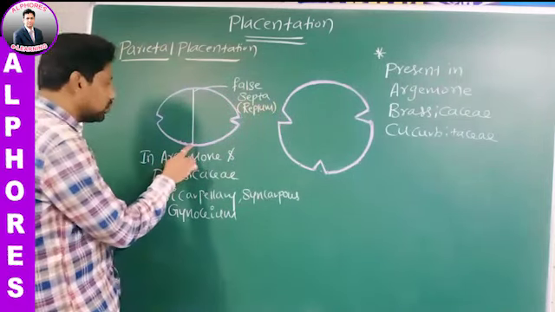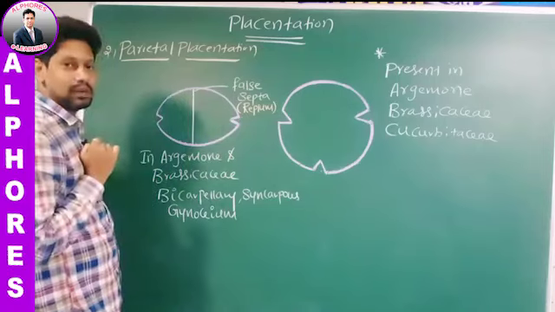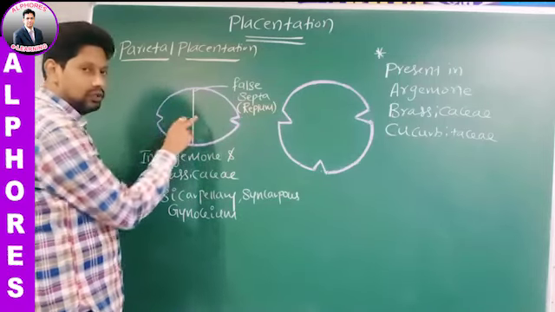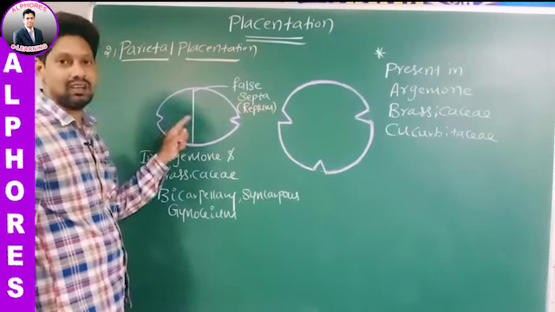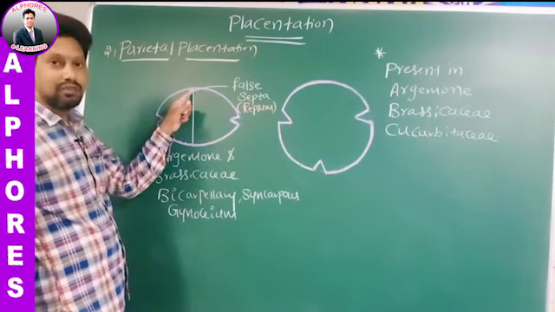Due to the development of this false septa, there are now two locules. Therefore the unilocular ovary became bilocular due to the formation of false septa.